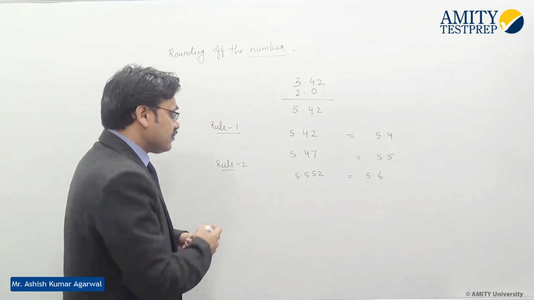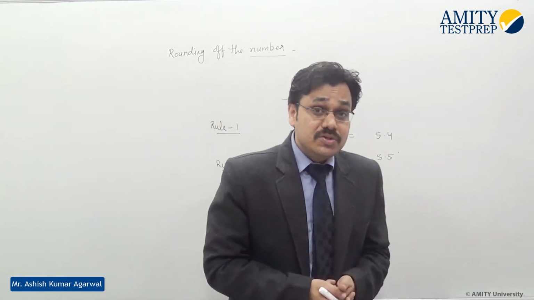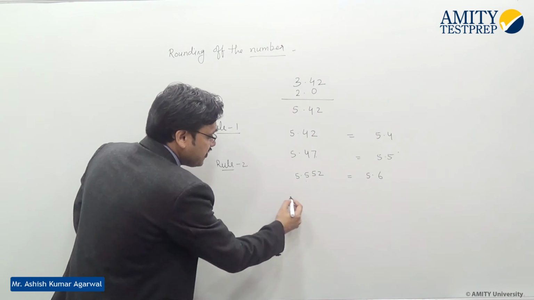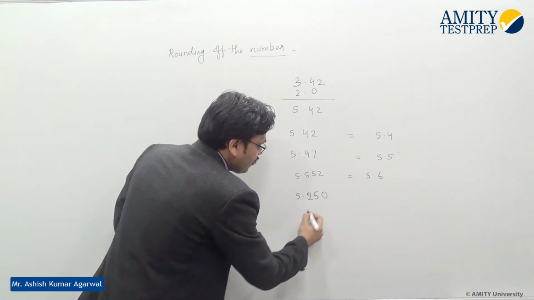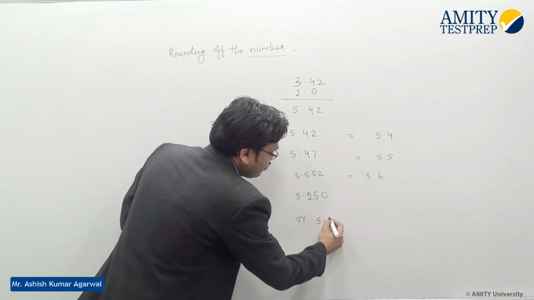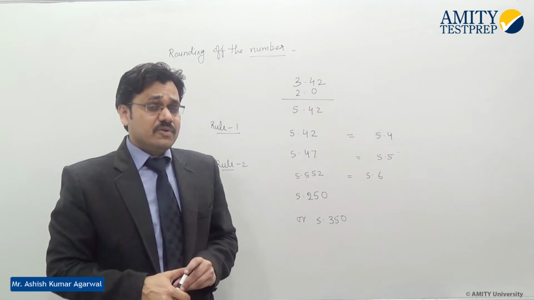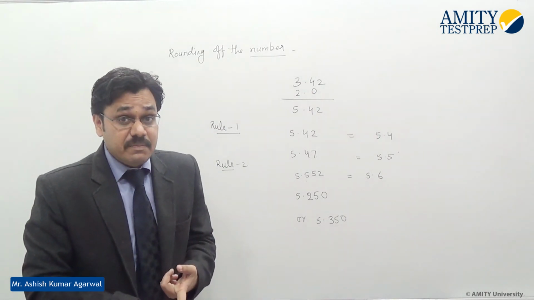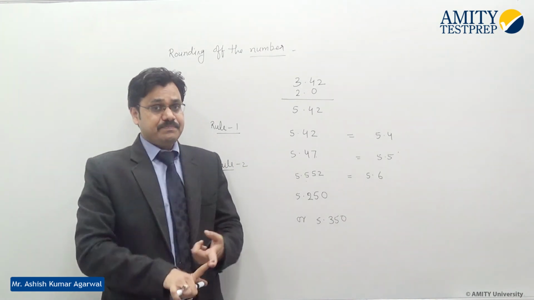What if after the 5 there is 0? Let me consider another example, 5.250 or 5.350. Again, I have to convert these 4 significant digit numbers into 2 significant digit numbers.